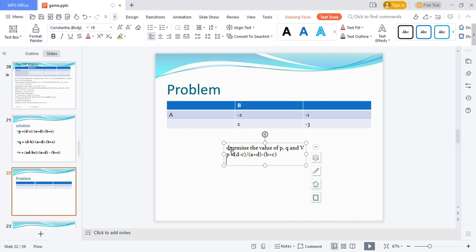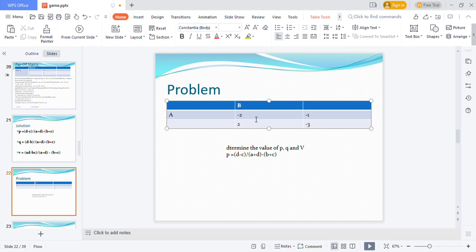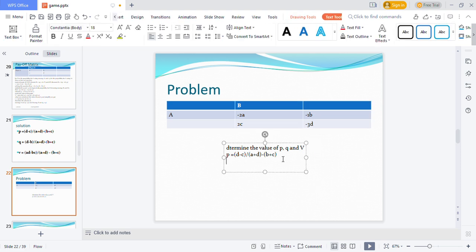So from the question, you bring in the perspective of the formula. So here we can say here is A, here is B, here is C, and here is D. From that perspective, if you create that perspective, then we know to get the value of P, we just do the substitution.